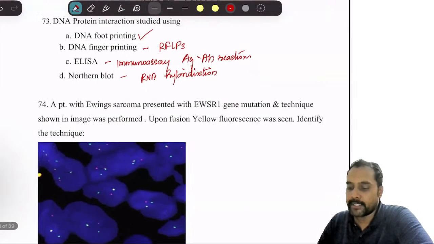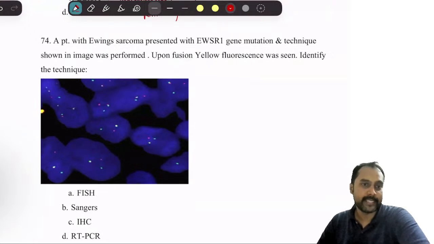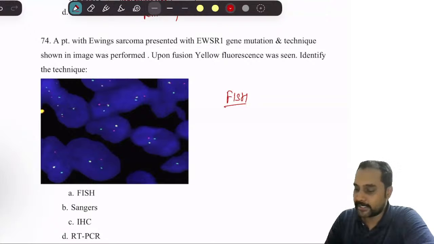A patient with Ewing sarcoma presented with EWSR1 gene mutation and the technique shown in the image was performed. Upon fusion, yellow fluorescence was seen. Identify this technique. This technique is nothing but fluorescence in situ hybridization. Correct answer. You can see the word fluorescence.